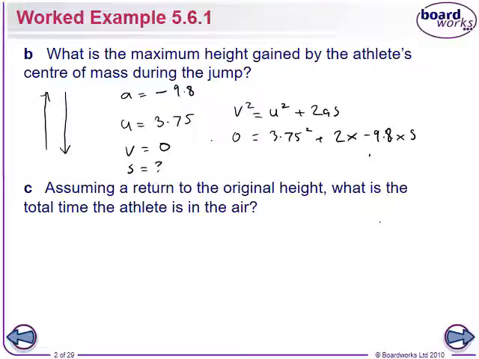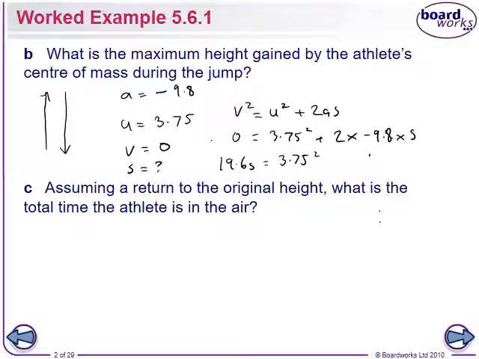So we're calling down negative and up positive. And the reason this comes out nicely is because on the right we have a negative number, 2 times 9.8 times S, so we can just add that to both sides. And we get 19.6 S equals 3.75 squared. Okay, so I've just done 2 times 9.8 is 19.6, and moved this whole bit over to the other side.